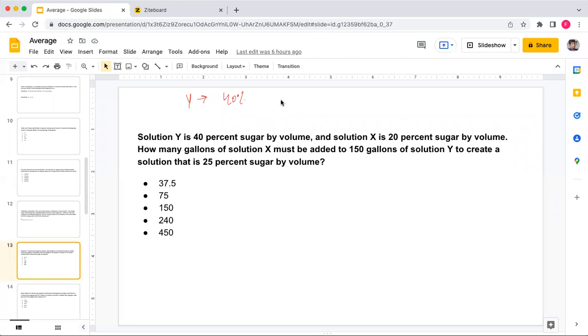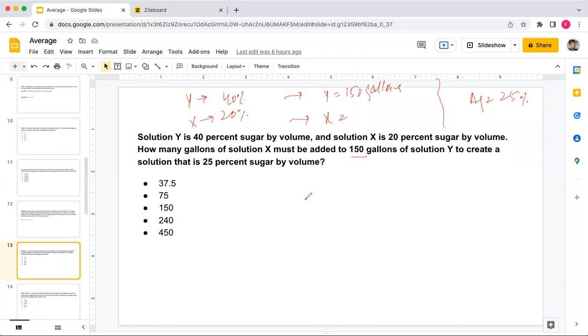And x is 20% sugar by volume. The question is asking how many gallons of solution x must be added to 150 gallons of solution y. So the value of y is 150 gallons, and we're asked to find the value of x so that the overall average becomes 25%.